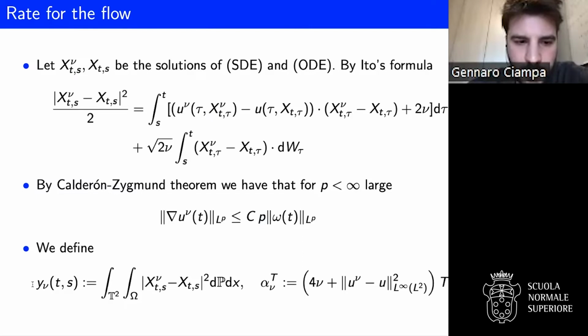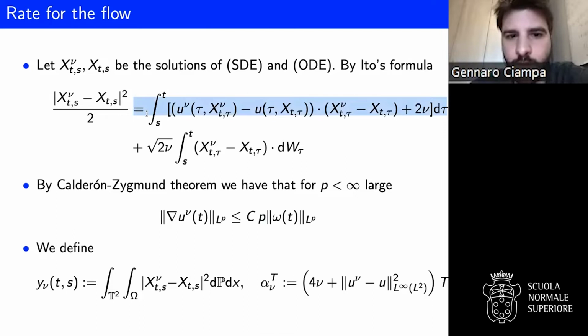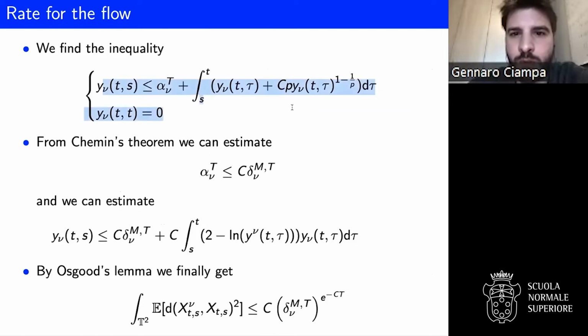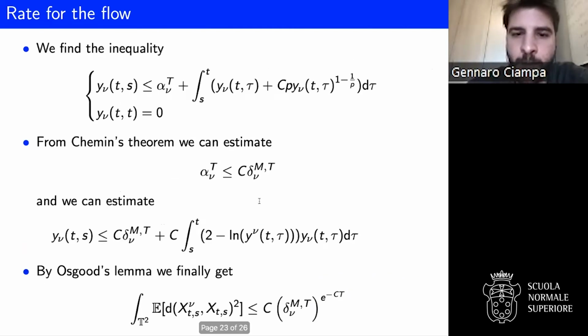Then, by defining this quantity, you find an integral inequality, which derives, of course, from this equality here, which is the following. This alpha nu can be bounded by delta, because remember, alpha nu is defined in this way. So by Sheman, you have a rate for this difference.